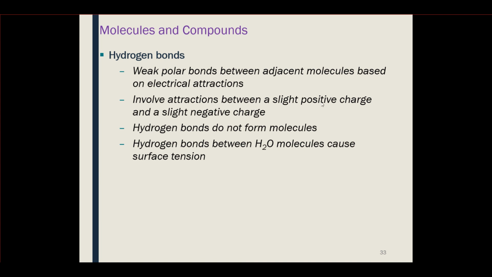The slight positive charge comes from the hydrogen, and the negative charge in this case of the water comes from the oxygen. And I'm just repeating it again. Hydrogen bonds do not form molecules. And this is what I said before, hydrogen bonds between water molecules cause surface tension. This is what causes water to stick to a surface and form like a droplet.